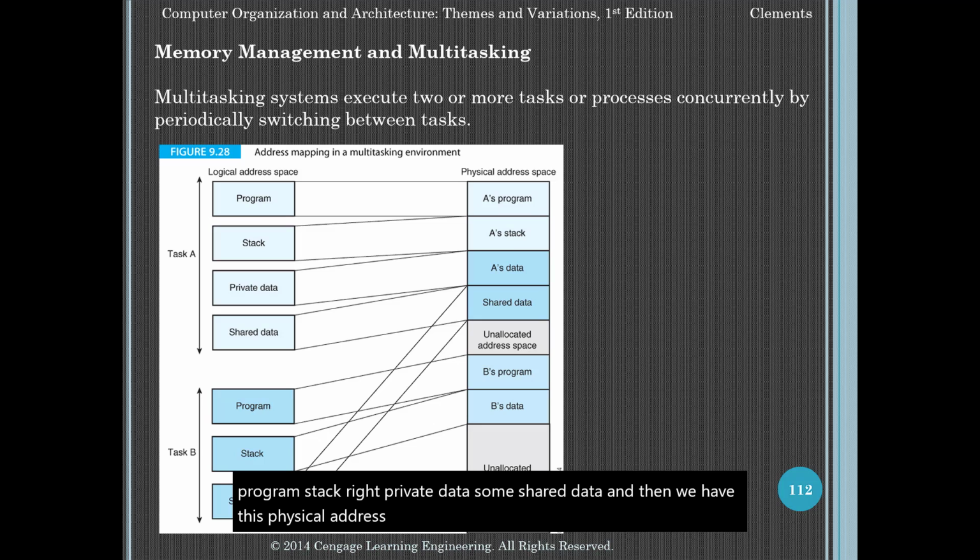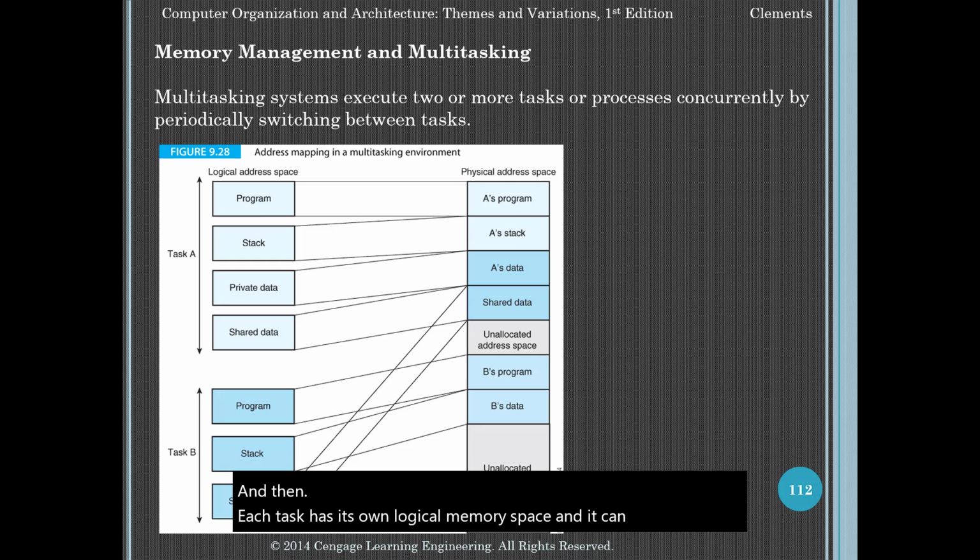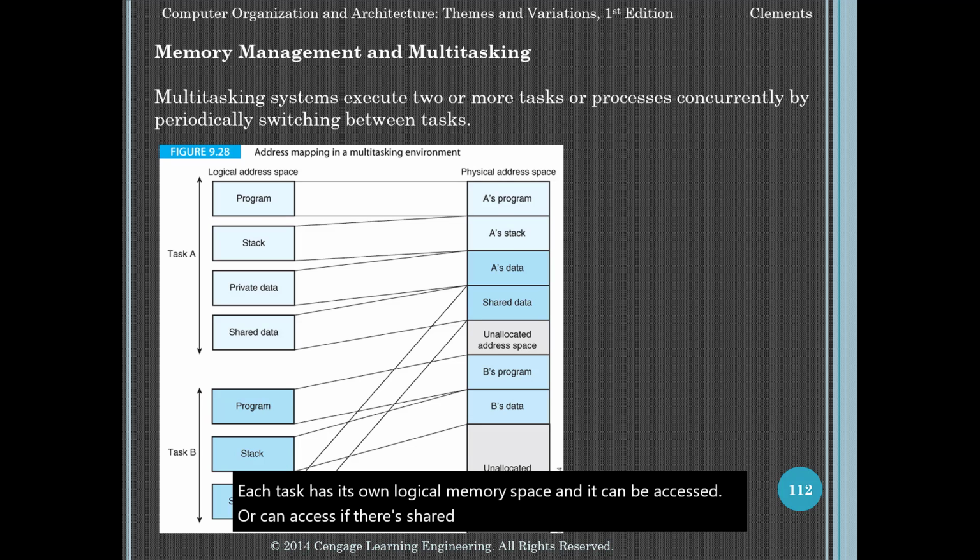And so tasks A and B reside in physical memory at the same time. And then each task has its own logical memory space, and it can access shared resources. We can see how they can share each other's resources if that's the point of that shared data.